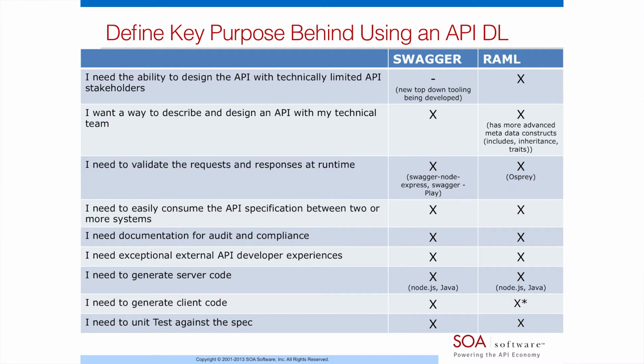I need to generate server-side code. Both of them can do that well. If you did top-down on either of them, you can generate code from it, though it's a little bit harder, like I said, to generate Swagger from a top-down perspective. Easier with RAML. Generate client code: Swagger has a huge library to generate client code.